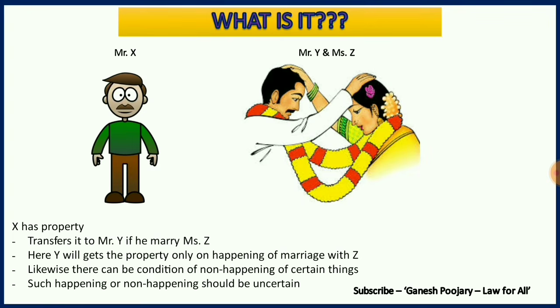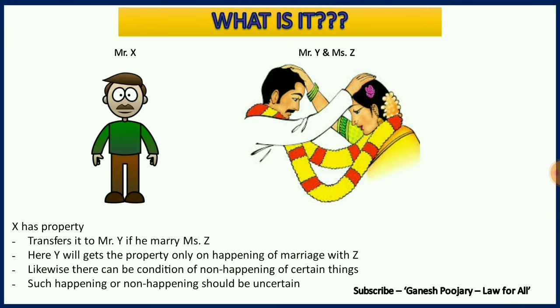There is one Mr. X and he has a certain estate and he says to Mr. Y that if Mr. Y marries Miss Z, then he will transfer the property to Mr. Y. Now what happens? He is putting a condition.